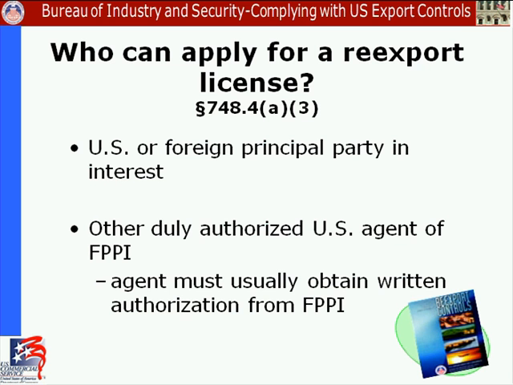Now, if the U.S. supplier at the time of the original shipment from the U.S. to the distributor in Germany is aware that the distributor is going to resell to customers in Germany, in Italy and Greece, the U.S. supplier can, it's not their responsibility, but they can, based on the nature of the relationship between the parties, they can apply for re-export authorization for the distributor.